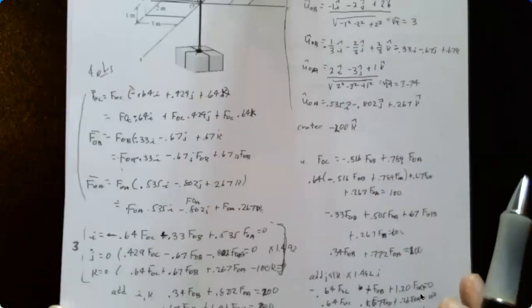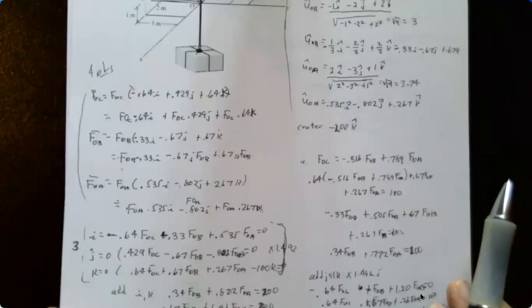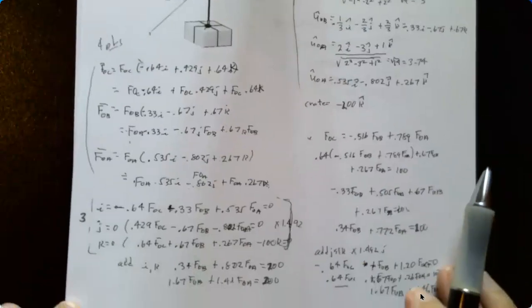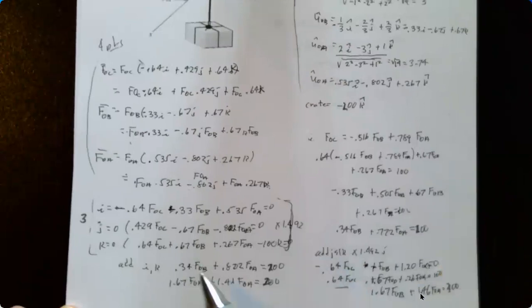And that's all you needed. Okay, so you just add the I, J, and K components together. And those are the three equations. You set them equal to 0. And that's all you needed.